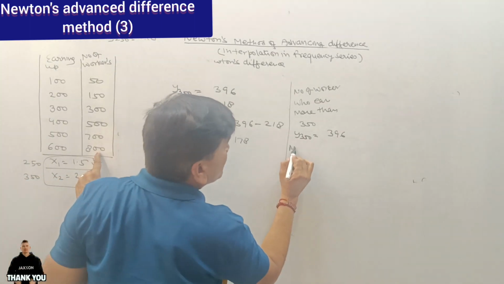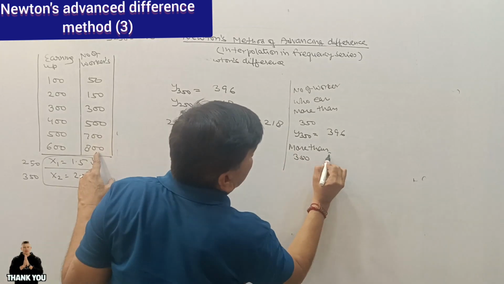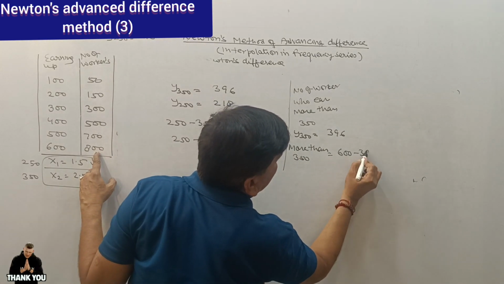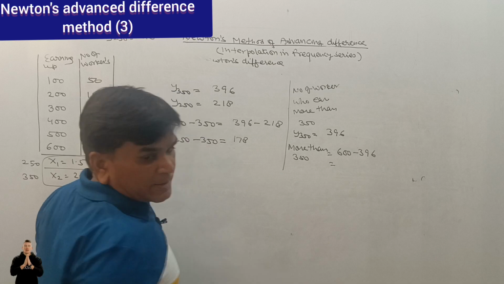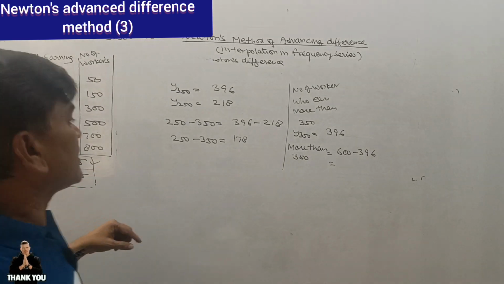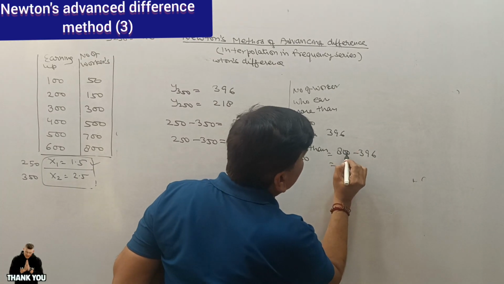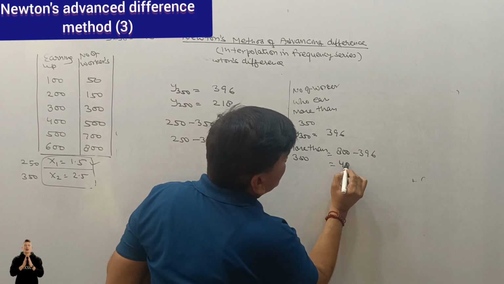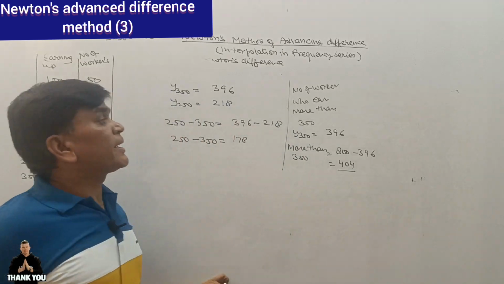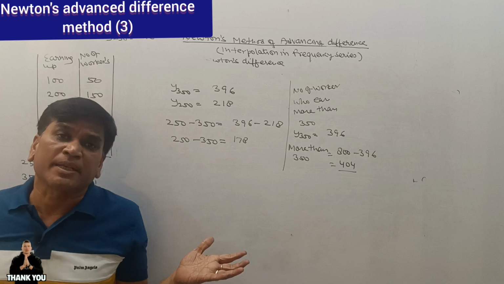So more than 350, that is 600 minus 396. So 600 minus 396, 800, sorry, 800 is the last one. So the maximum workers was 800. So that is 404. If they require, suppose they require more than 350, it is over there.